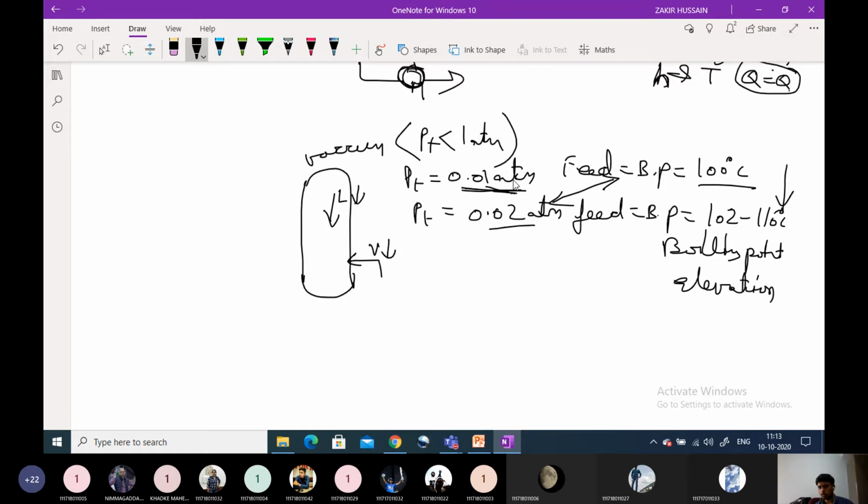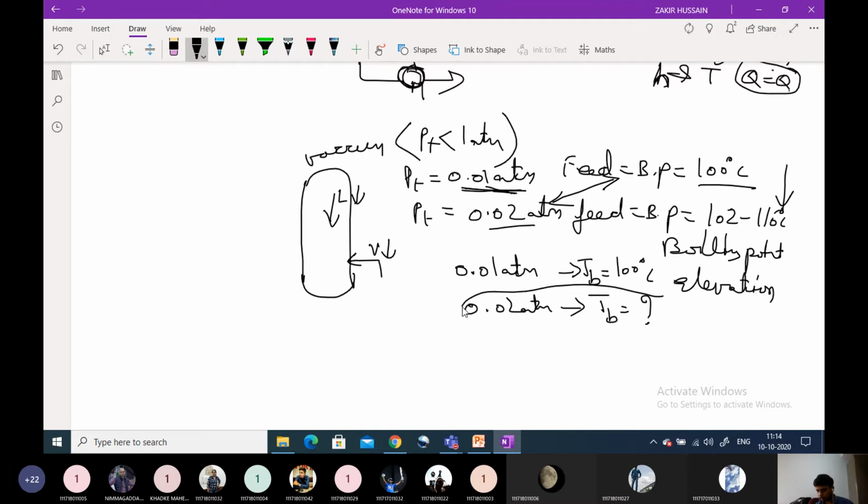So every time we have to verify whether our parameters are okay or not. When our pressure is at 0.01 atma, our true boiling temperature will be 100 degrees centigrade. When we increase the pressure, we have to find out how many degrees the boiling point has been elevated.